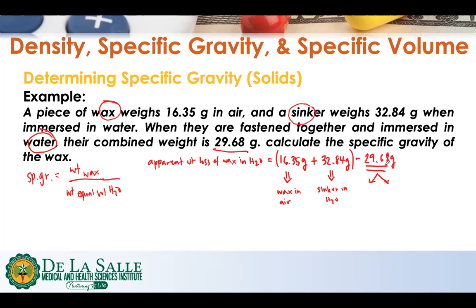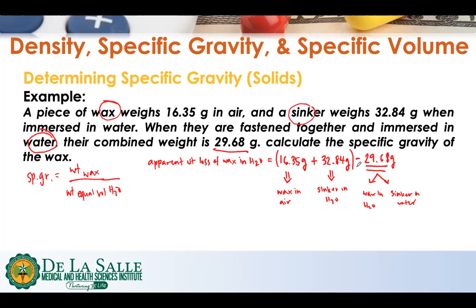Now the combined weight of the wax and the sinker in water will therefore be wax in water and sinker in water. So basically, this value, 29.68, refers to the weight of the wax in water if it were completely immersed in it, and the weight of the sinker in water, which obviously will be heavier than water, so it will sink in the water.